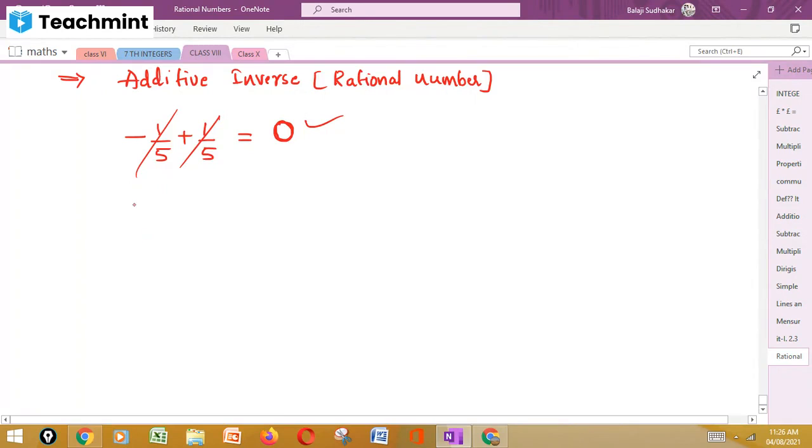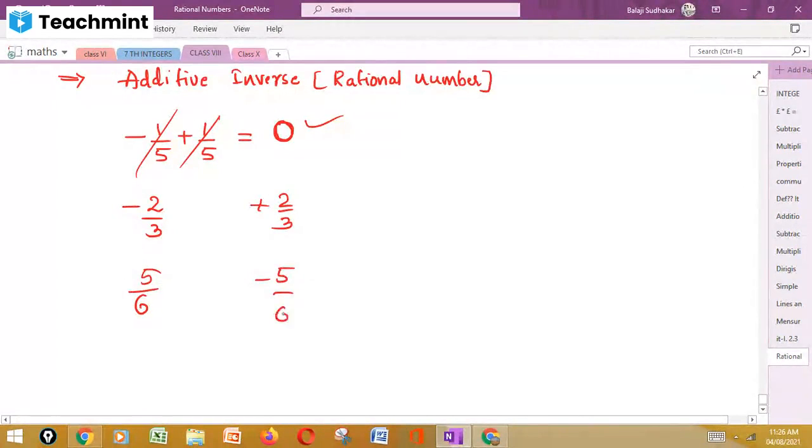Additive inverse of minus 2 by 3: plus 2 by 3. Additive inverse of 5 by 6: minus 5 by 6.